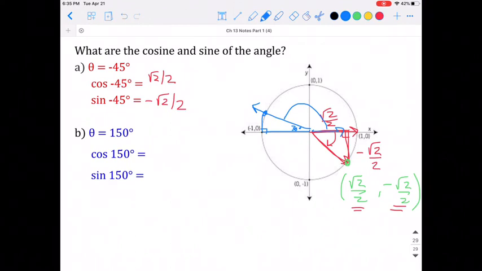So our point here is going to be negative radical 3 over 2, comma, positive 1/2. X is negative because we're on the negative part of the x-axis, and y is positive because we're on the positive y-axis. So cosine of 150 is going to be negative radical 3 over 2, and sine of 150 is going to be positive 1/2.